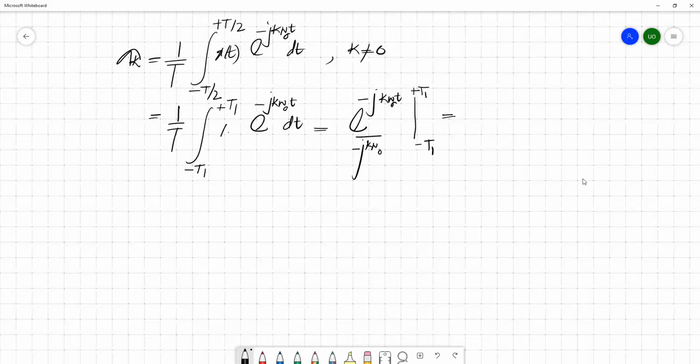So then once you substitute this, we have this kind of expression: e to the power j k omega naught t1 minus e to the power minus j k omega naught t1 divided by j k omega naught. Then we know that omega naught is equal to 2 pi over t.